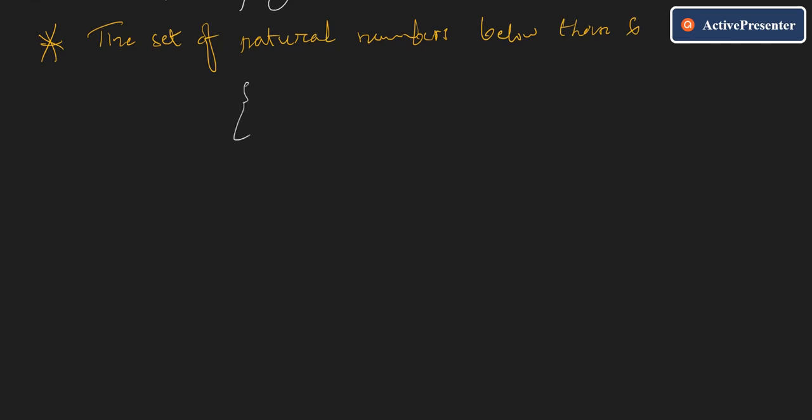So we have natural numbers less than 6: 1, 2, 3, 4, 5. So we have 5 elements. It is called a finite set.